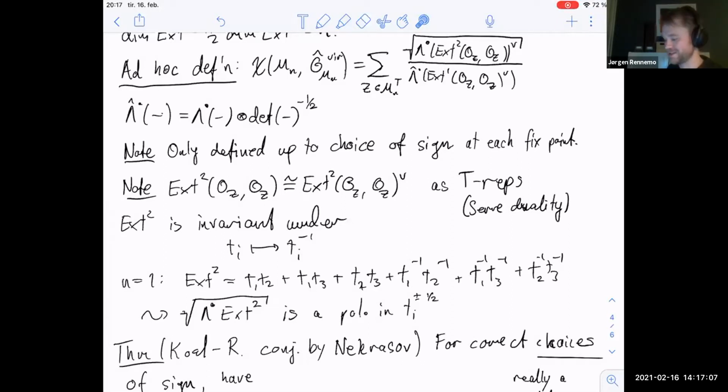Two years from now, this is not how we would present it. We're not going to keep this ad hoc definition. We now have a proper definition, and the sign ambiguity vanishes because we can define this properly. You're right, there isn't a sign ambiguity; it's just that historically the proper definition of this thing was missing.